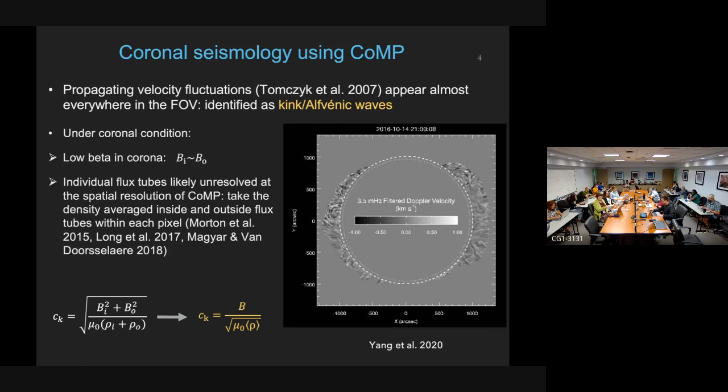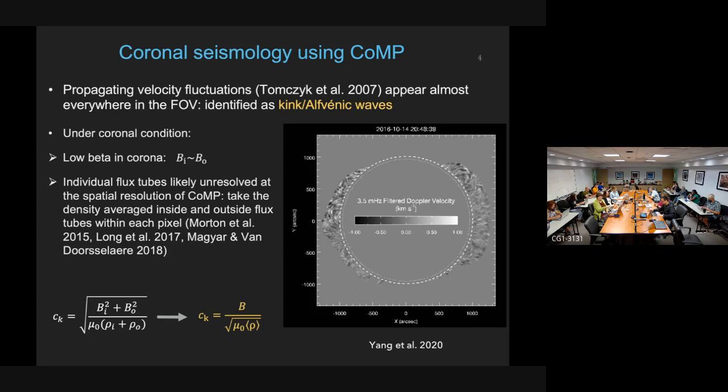And we know for kink waves, their phase speed is expressed as the left equation. But under coronal conditions, if we assume a low plasma beta in the corona, then B_i and B_o, which refer to the magnetic field inside and outside of the flux tube, are almost the same.